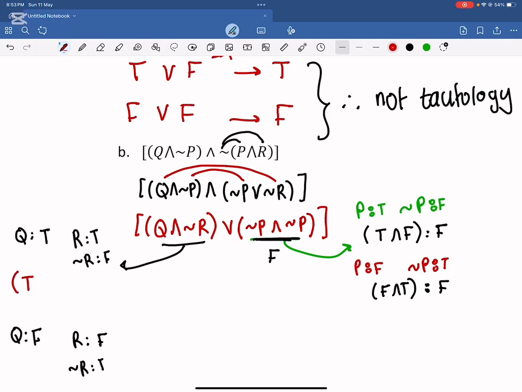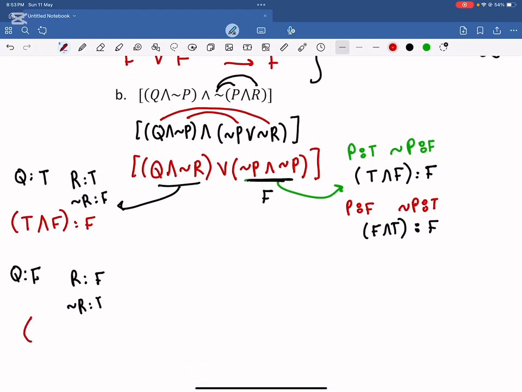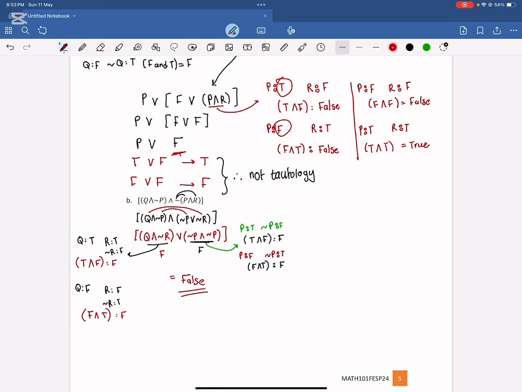Here, true and false is false, and false and true is false. False or false is false. So it will always be false. So I can make a conclusion: it's not a tautology.